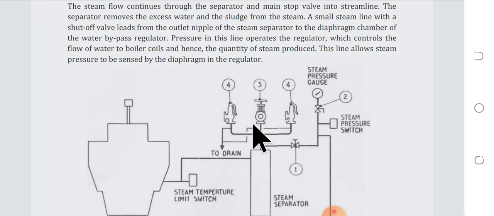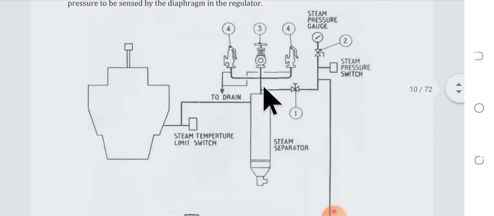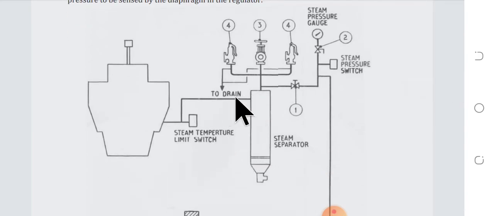It operates only when the temperature rises more than its set point. Like in our boiler we have a working pressure of 11 bar, so we set this safety valve around 16 bar. So this is the steam circuit, the steam coming from the boiler.